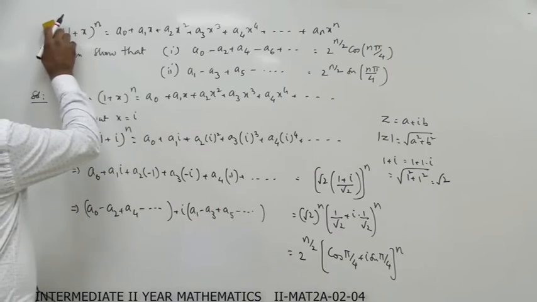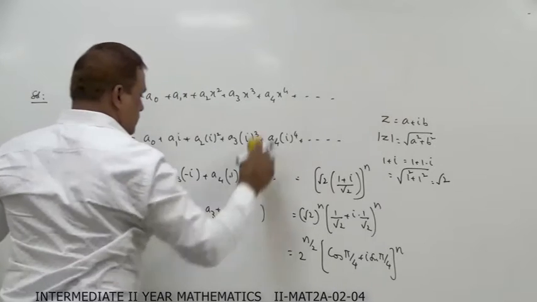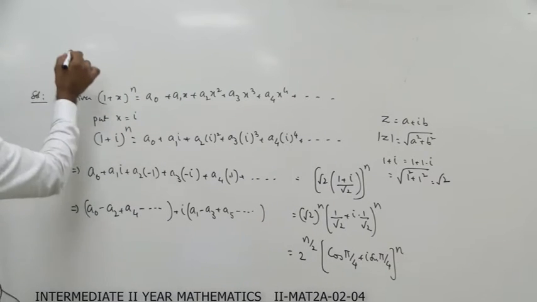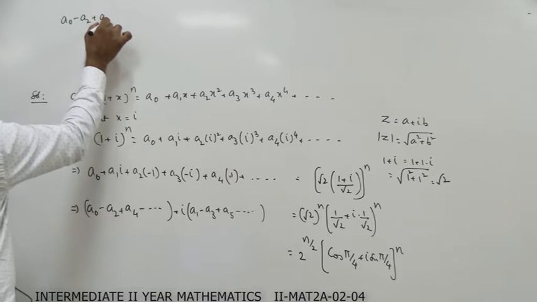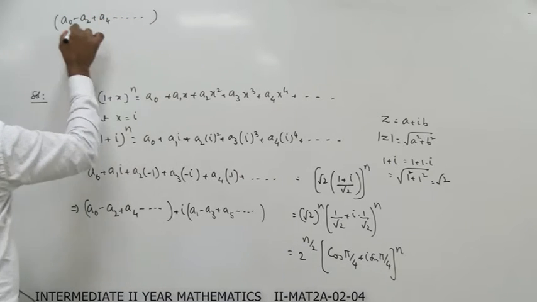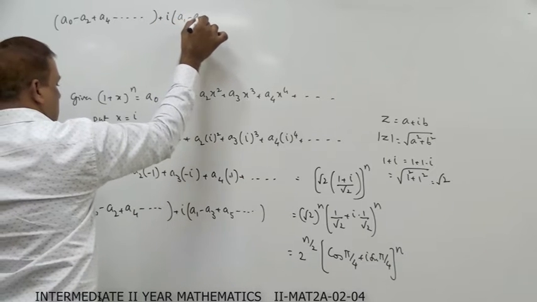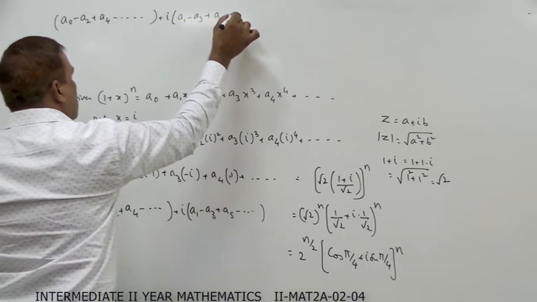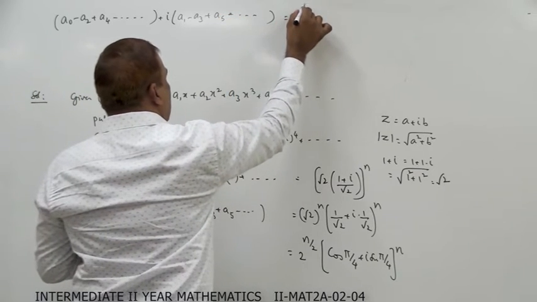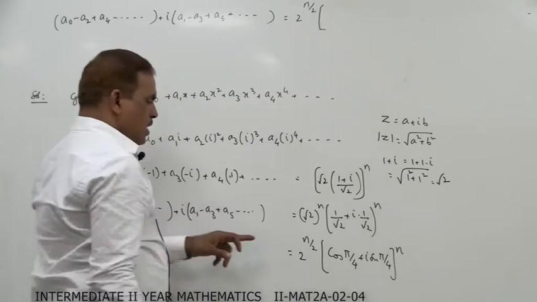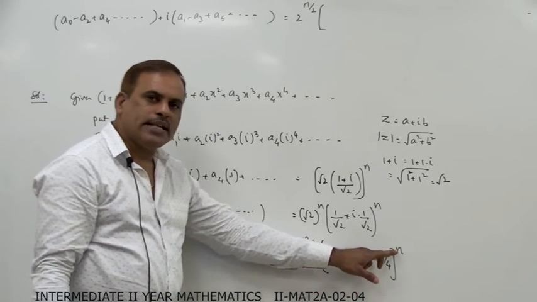I'll rub this here. So a naught minus a2 plus a4 minus and so on, plus i into (a1 minus a3 plus a5 minus and so on) is equal to 2 power n by 2 into (cos pi by 4 plus i sin pi by 4) whole power n, which is in the form of (cos theta plus i sin theta) whole power n.